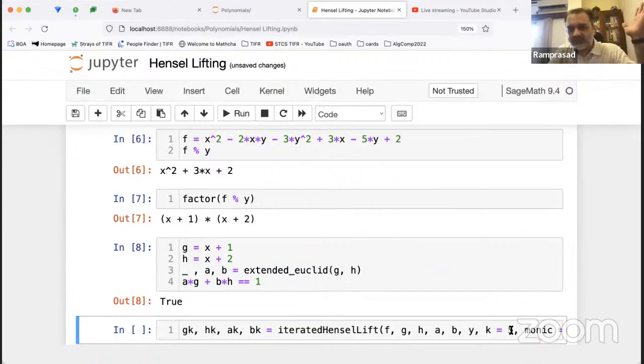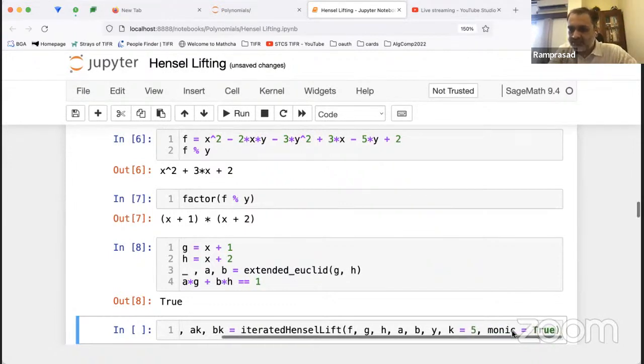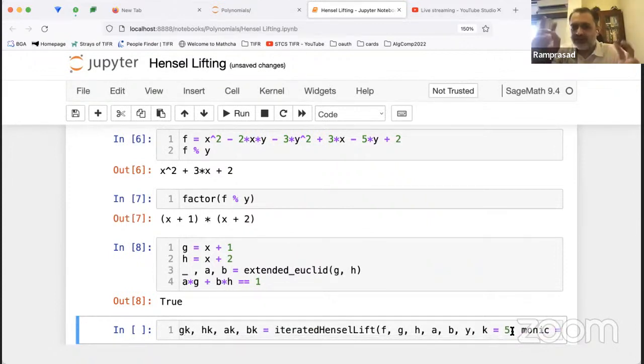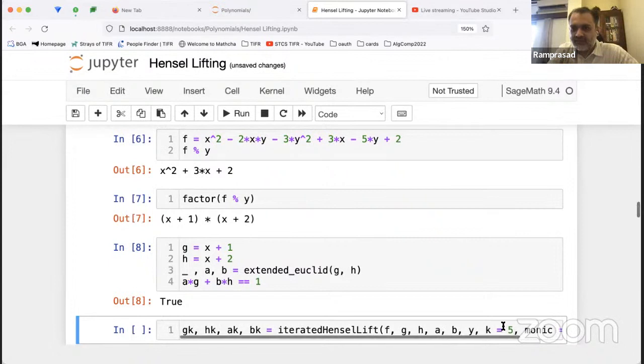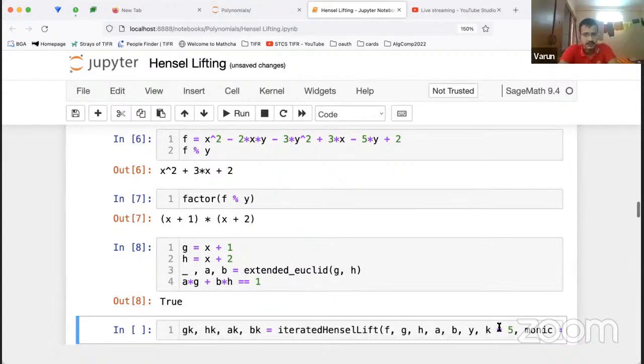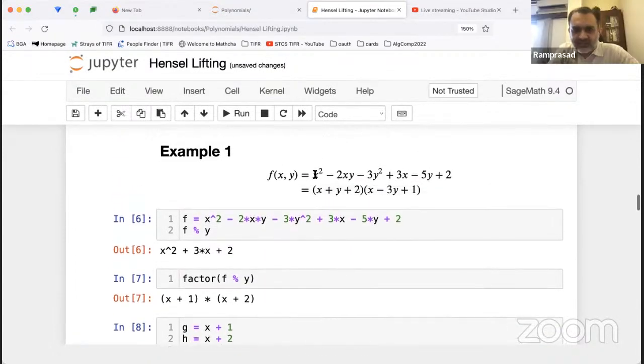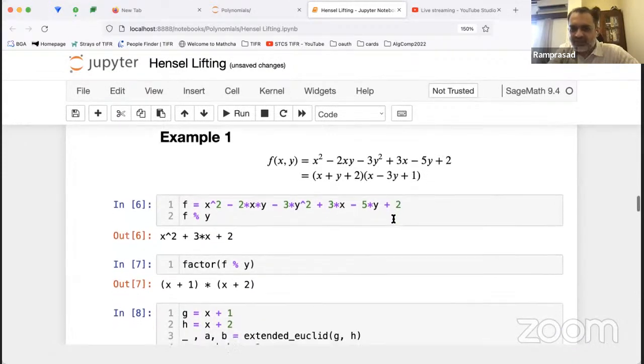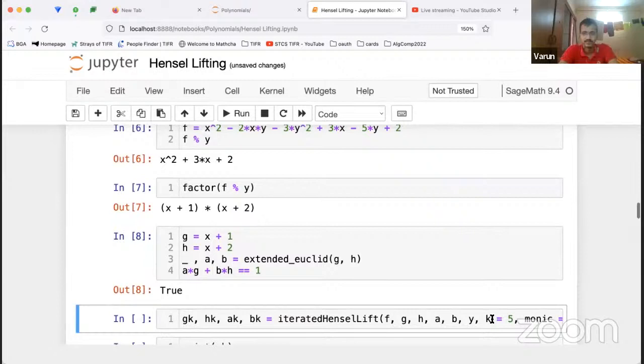And I am going to insist on monic lifts: I give you a monic lift, I want a monic lift. And what was our f of x, y again? It's some degree 2 polynomial. So certainly y power 32 is way higher than we should need, right?